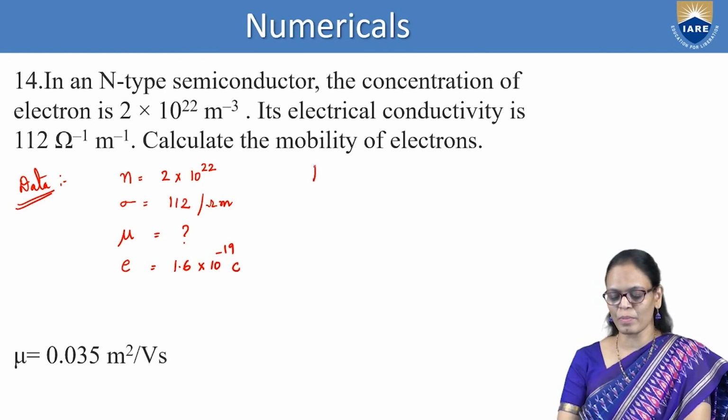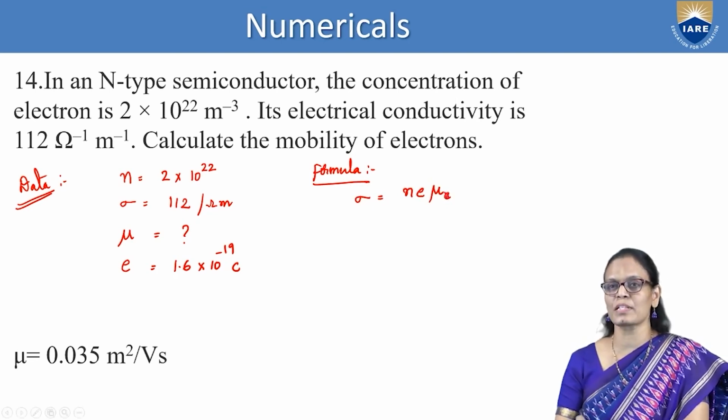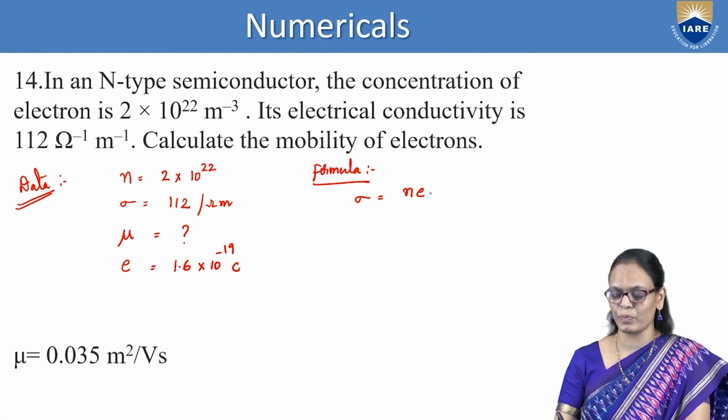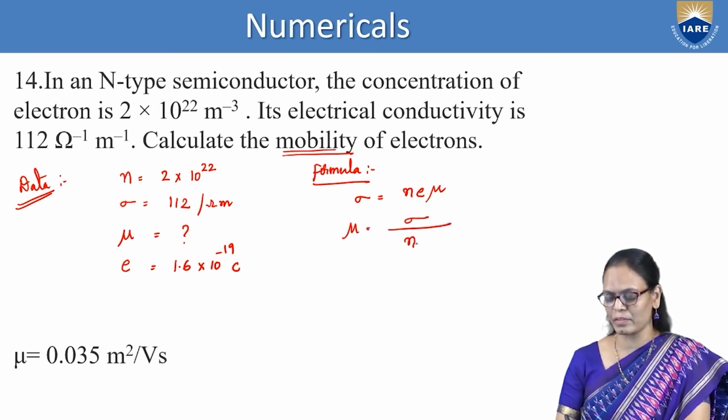So what is the formula we are going to use? Sigma is equal to N e mu. The general formula we use is N e into mu. So the mobility mu will be equal to sigma upon N e.